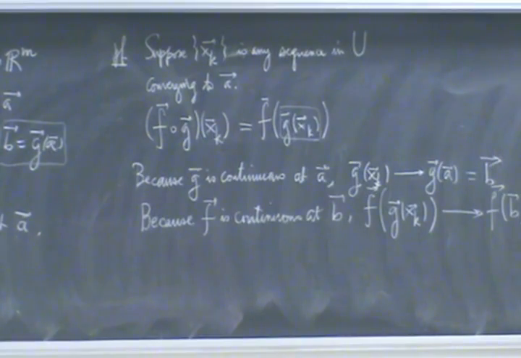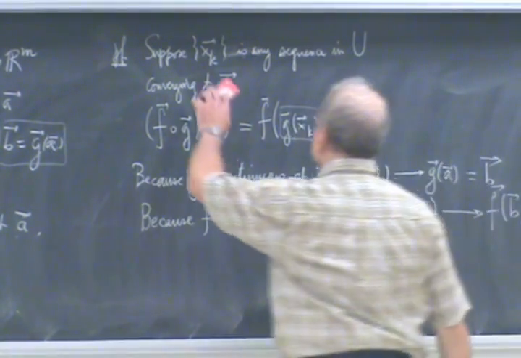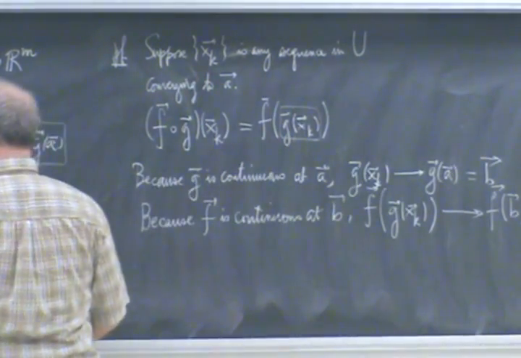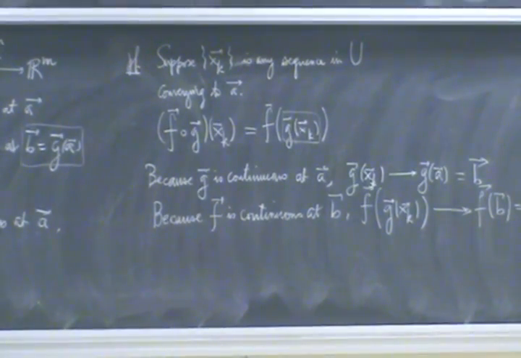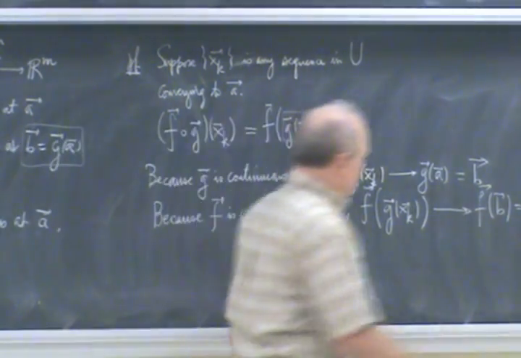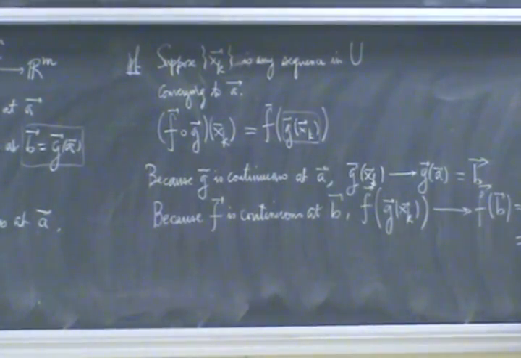Well, let's see. So I took any old sequence x_k converging to A. And what did I just show happened when I applied f∘g to it? It equaled f∘g of A. What does this tell me?